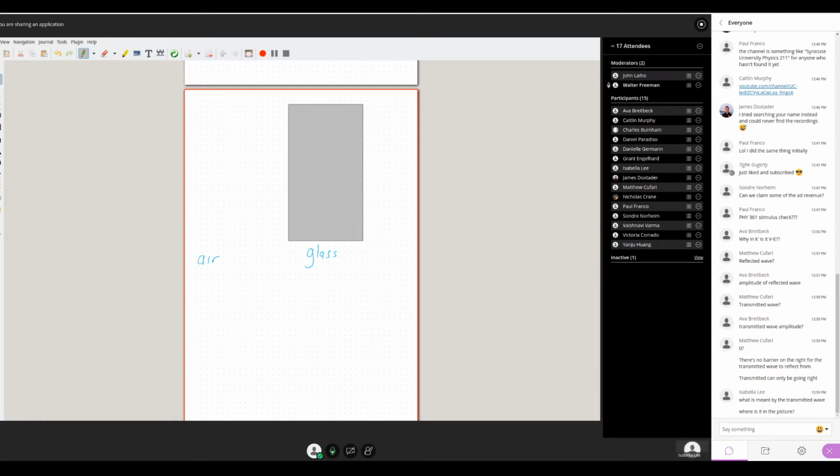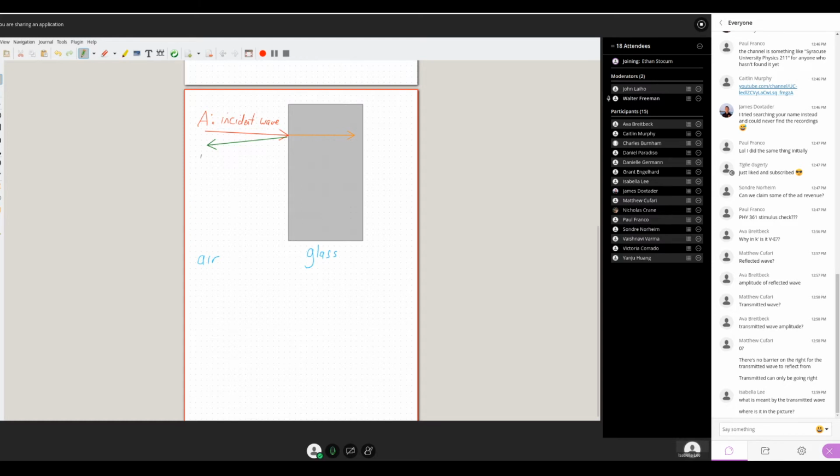If I shine light into this piece of glass, some amount of that light will bounce back off, and some will continue through. So A is the incident wave, and it's the same whether it's light shining on a piece of glass or electrons being thrown at an electrostatically repelling region.